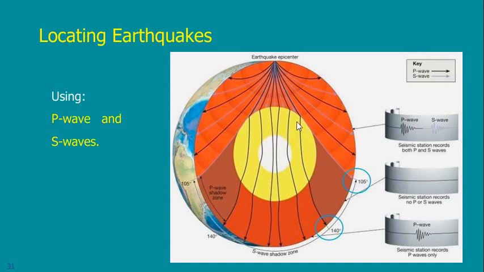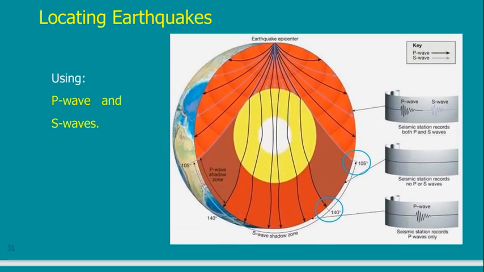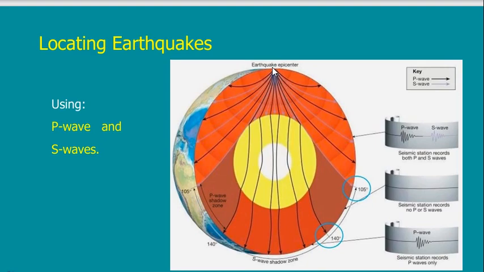So how would shear forces propagate into liquid? They cannot. So if this is the center of the earthquake, all types of waves will go, but part of the waves will be prevented from continuing when they touch the liquid part of the core of the earth.